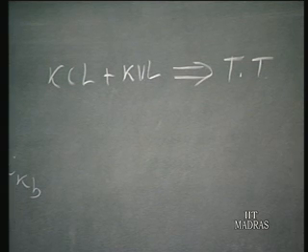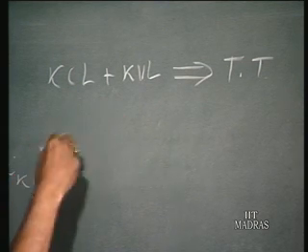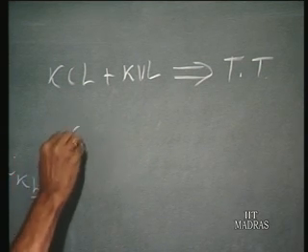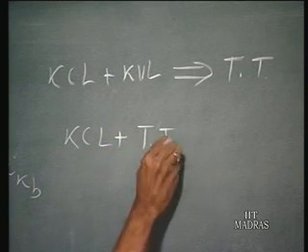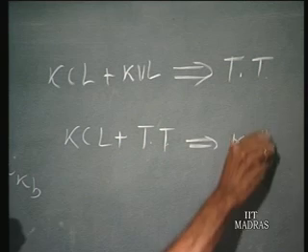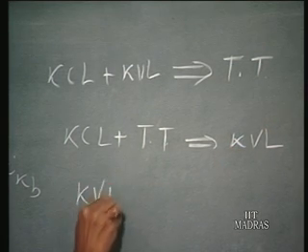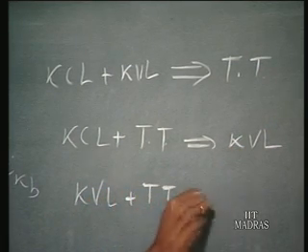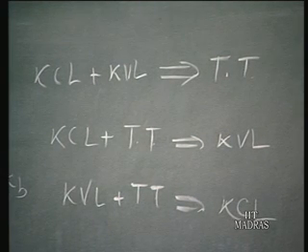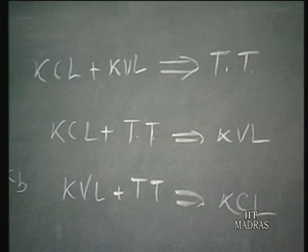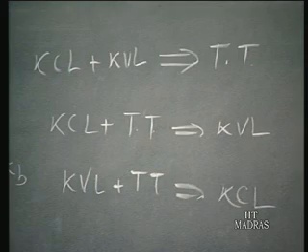In fact, it can be shown that any two will lead to the third. We can also show, I don't do it here, that Kirchhoff's current law plus Tellegen's theorem will imply Kirchhoff's voltage law, and Kirchhoff's voltage law plus Tellegen's theorem implies the current law. So these three are intertwined in such a way that any two will lead to the third one.